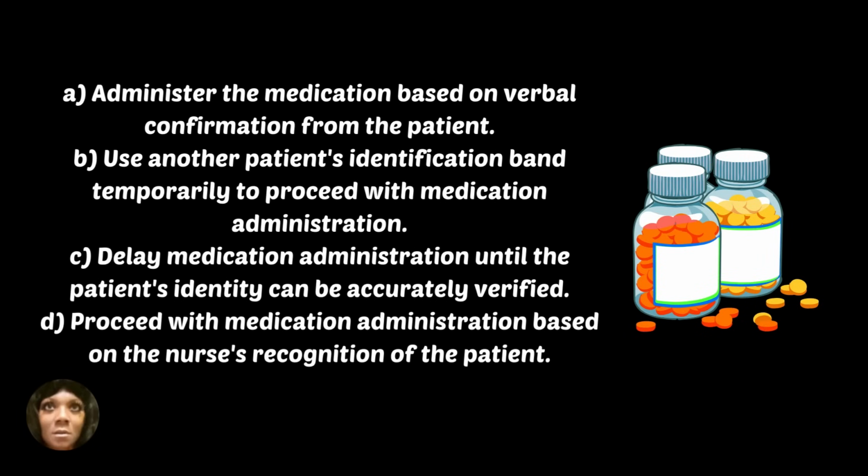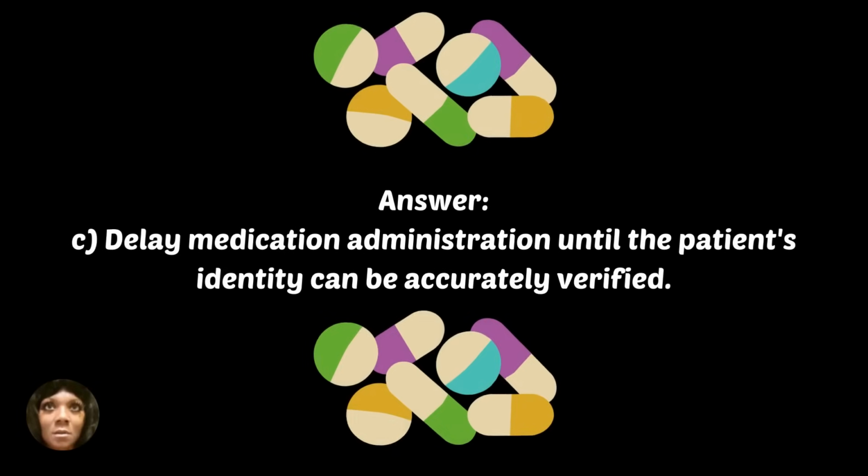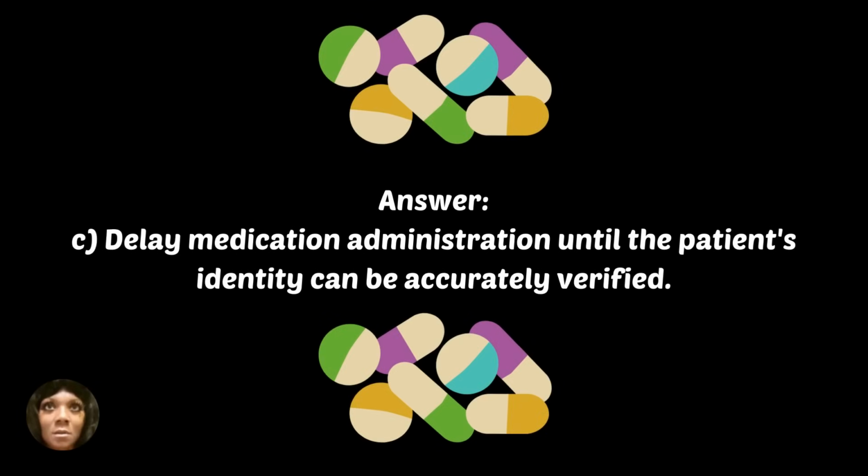C, delay the medication administration until the patient's identity can be accurately verified. D, proceed with medication administration based on the nurse's recognition of the patient. The answer is C, delay medication administration until the patient's identity can be accurately verified.